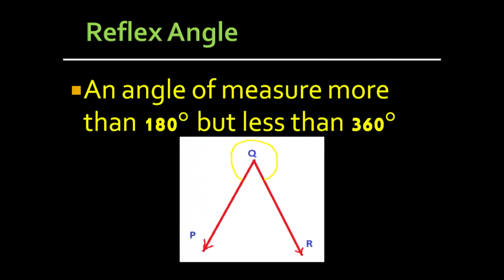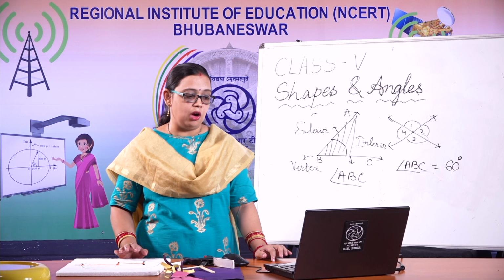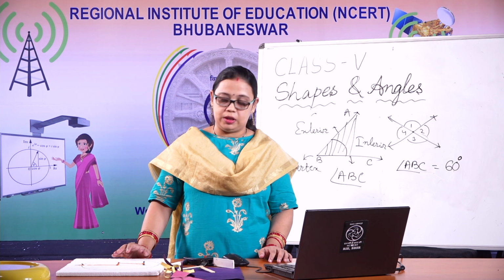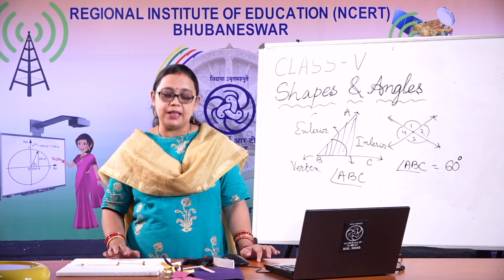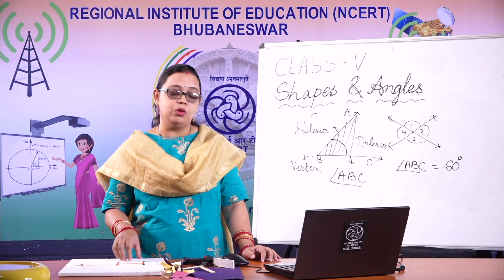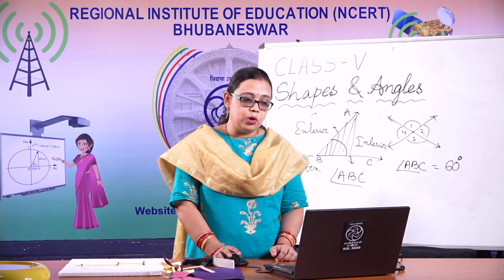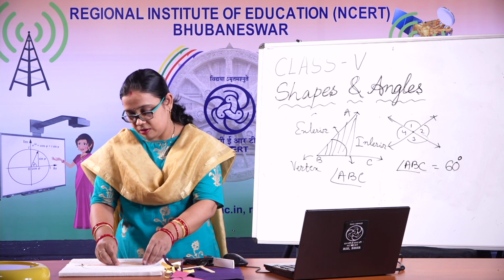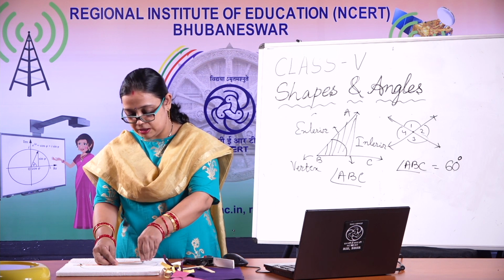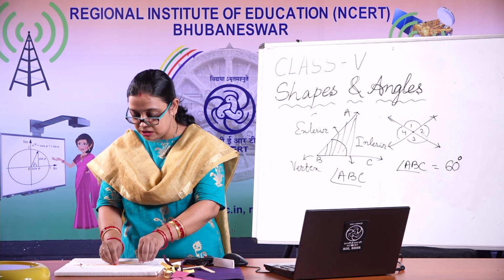These two angles are extra. This is not in your syllabus now, but you should know about it, that after 180 degree angles exist or not. Yes children, as I have explained you, angles more than 180 degree but less than 360 degree are called reflex angle. We can form the angles here. Here we have made 180 degree, just a straight line.